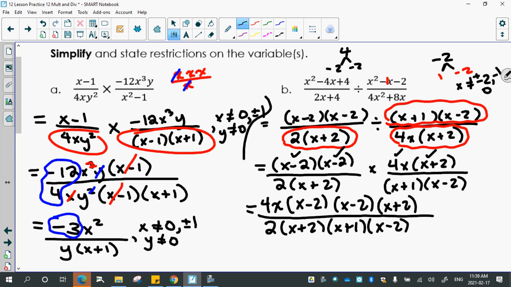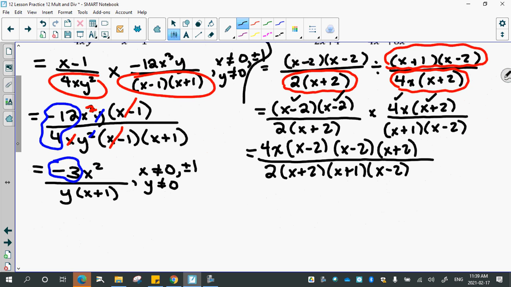Now the fun part. You get to look for things to cross out. The x plus 2 and the x minus 2. So x plus 2's can cross out. One in the top, one in the bottom. X minus 2, this x minus 2 is one of these, there'll still be one left. Anything else reduce? 4 divided by 2 is 2, right? So on my next line down, I'm going to have 2 on the top from the 4 divided by 2, and then an x, don't forget about the x, and then the x minus 2.